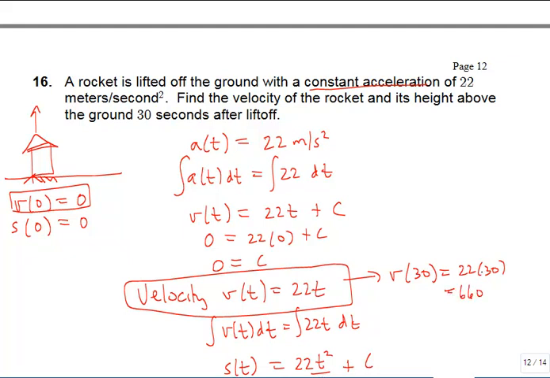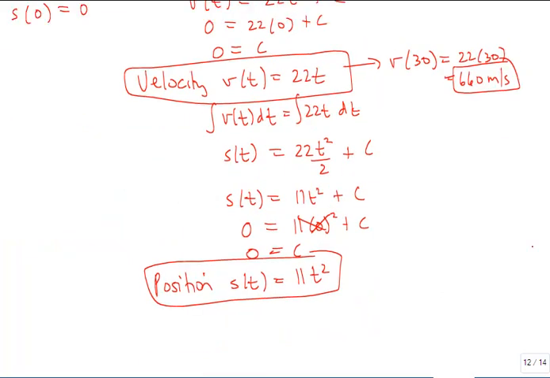And the units here, remember our units for our acceleration were meters per second squared, so velocity should be meters per second. And then to find our position or our height, we're just going to plug in that 30 seconds again. So 11 times 30 squared will be 9,900, and for position or height, our units would just be meters.